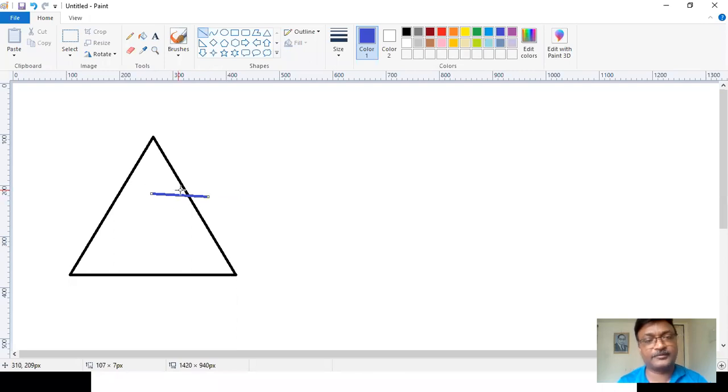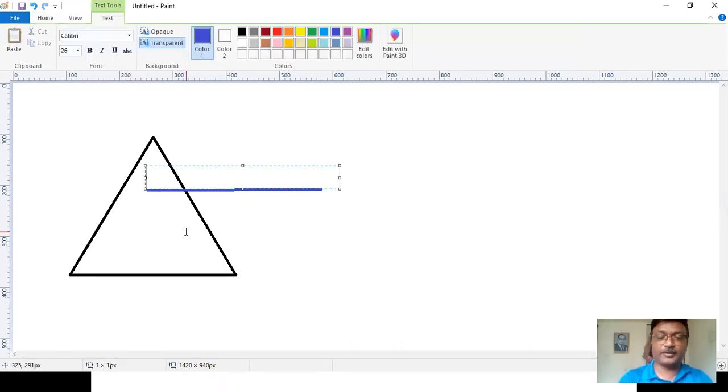This line is exactly parallel to the x-axis, because I have to increment only the x value. So what are the coordinates for this point? The point P has an x and y value, and I have to increase the x value.